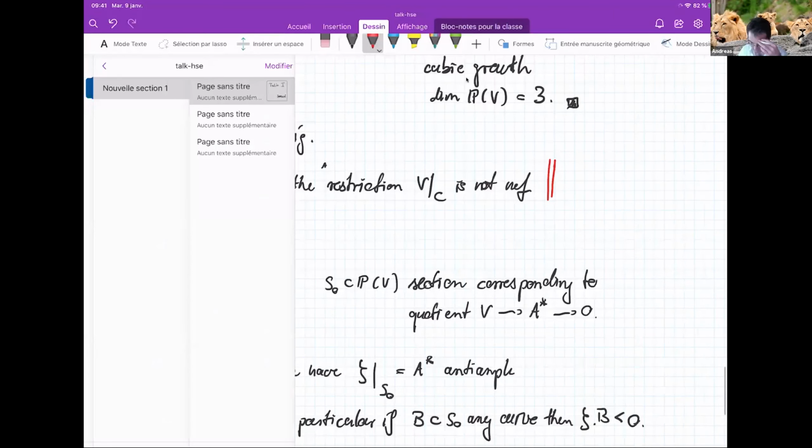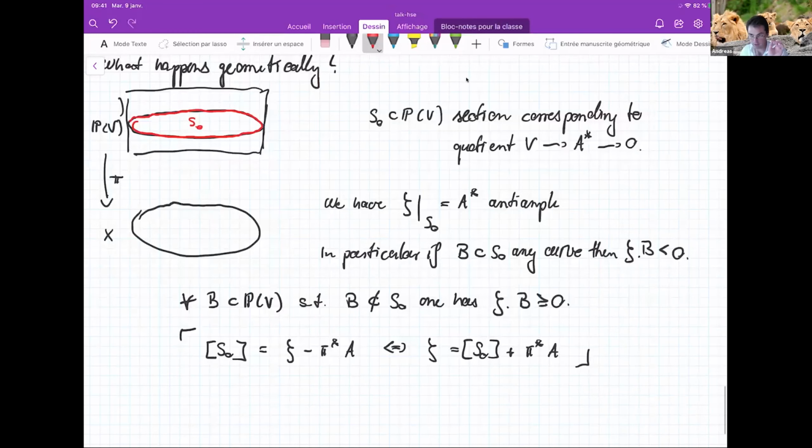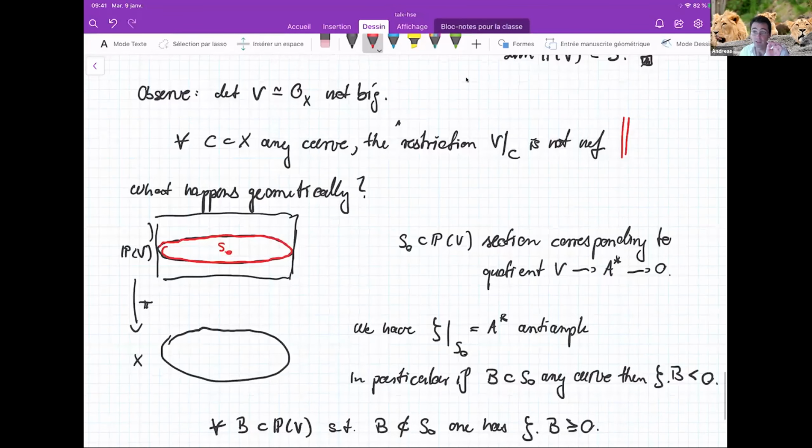On the other hand, if I look upstairs in the projectivization, there things behave as I want them to be. I have some bad locus, S0, where I have negative intersection numbers, and then in the rest of the variety, I have non-negative intersection numbers.